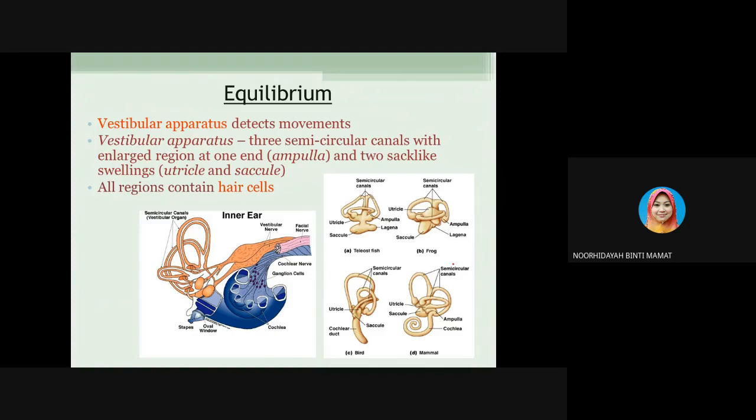So this is the structure of the semicircular canals in the frog. Okay, so this is the birds, and this is for the mammals. So they have the ampulla and also contain the utricle and saccule. So all the different animals have different structures of the vestibular apparatus, which functions in detecting the movement of the animals.